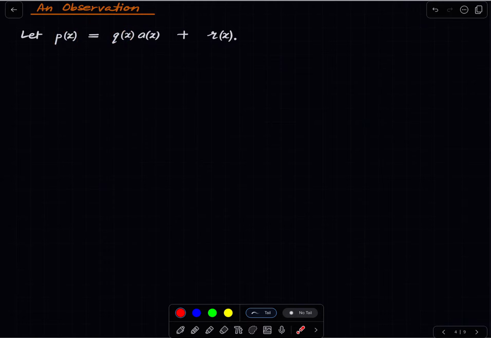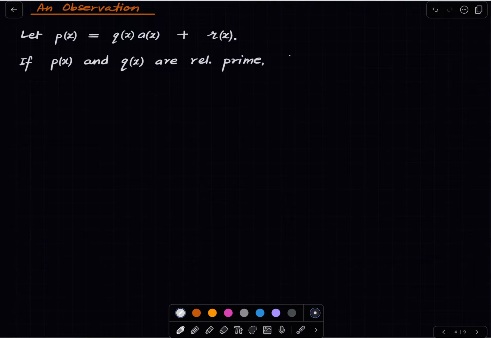So the statement is the following: if p(x) and q(x) are relatively prime, then q(x) and r(x) are relatively prime. So that's the statement. And why is that?